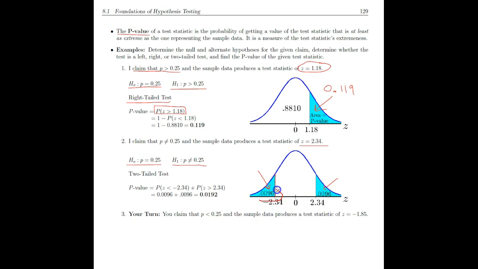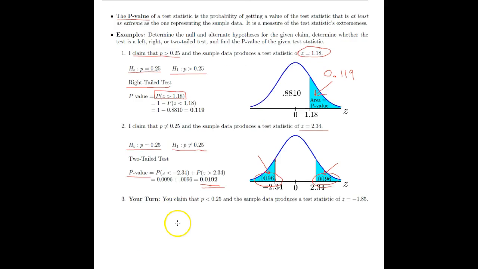And those two probabilities, when you look them up in the table, are 0.0096 each. So you add those two together and you get a total probability of 0.0192, and that is your p-value. And usually for p-value, I do just denote it p-value. That's pretty common notation for how to do it. Sometimes you'll just say p equals, but I like to say p-value equals.